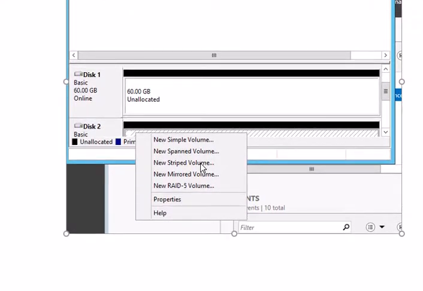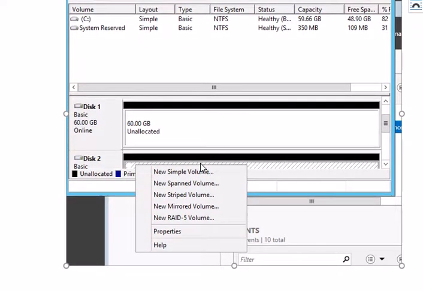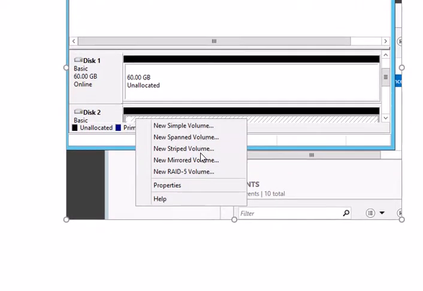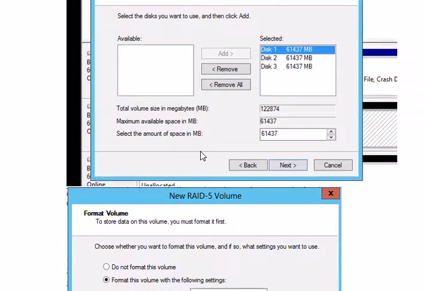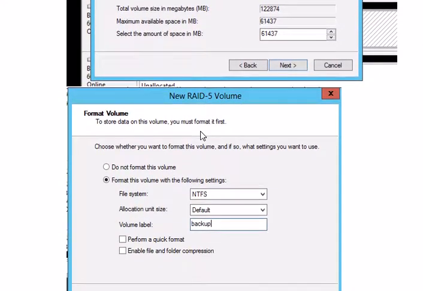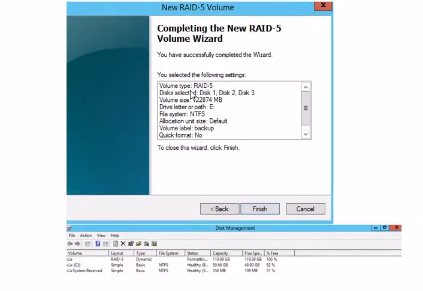The screenshots show the setups of the volume, adding the RAID 1 and 3 and 5. So here we are completing the RAID 5 volume wizard.